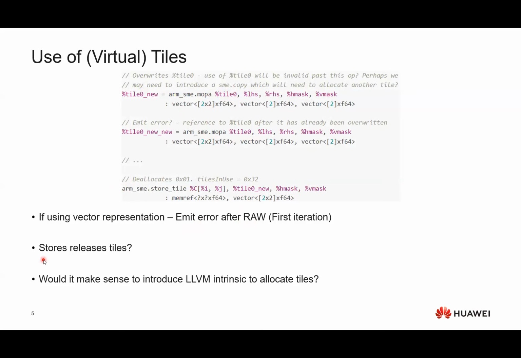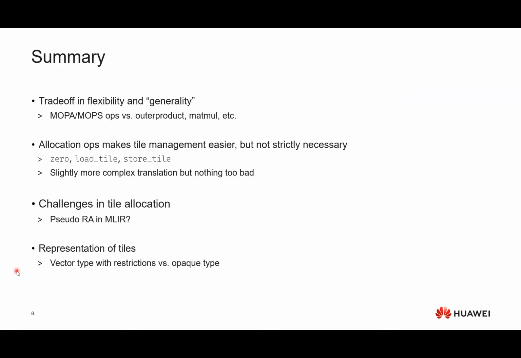I think I touched on this already. This is really just a very high-level overview of what I want to achieve with an SME dialect. What it boils down to is a trade-off between flexibility and generality.